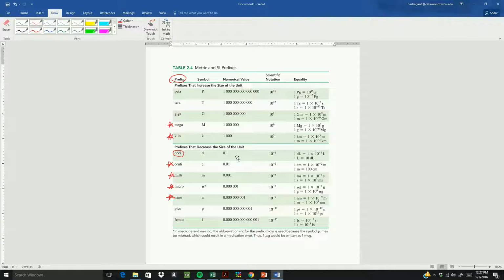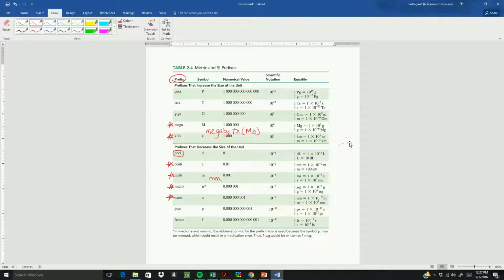So mega is an M, so megabyte is usually written with a capital M, B. Okay, milli is a lowercase m, so millimeter would be 2 lowercase m's.